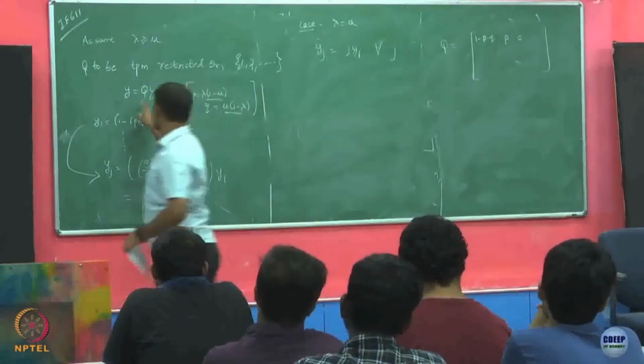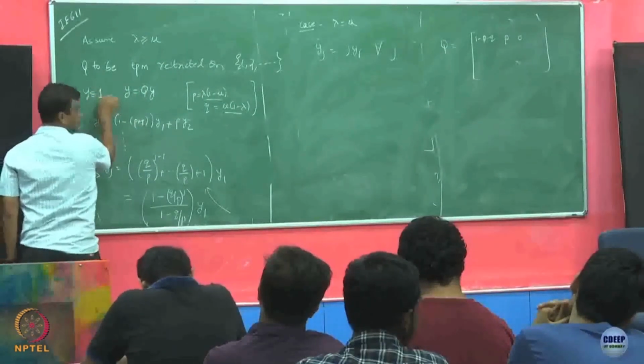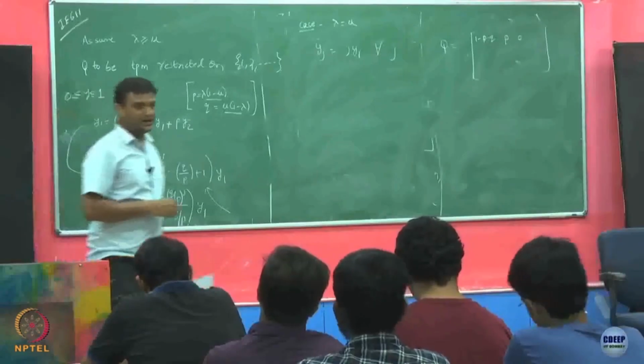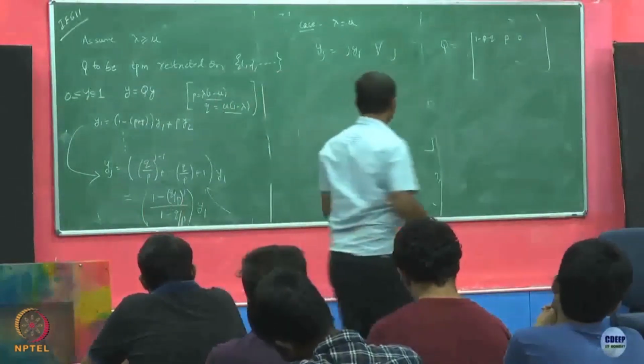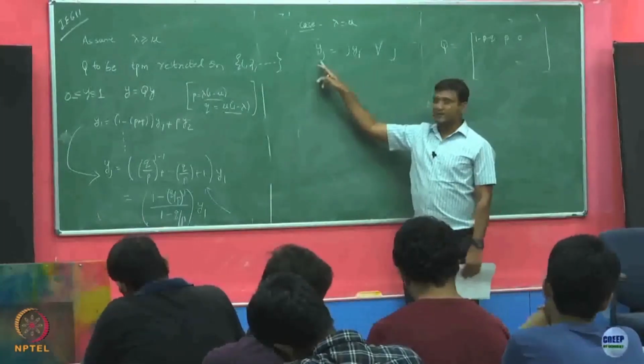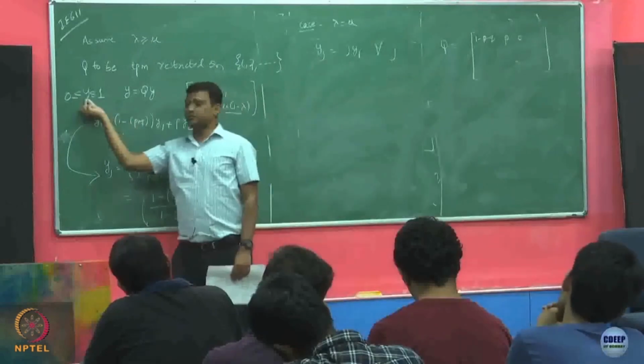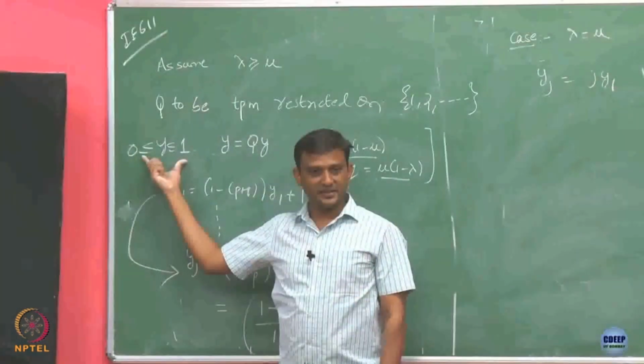I am seeking a solution in this interval, not any y. So if I start with any positive y1, I will end up with yj's larger than 1, and then my y vector can't be in this region.